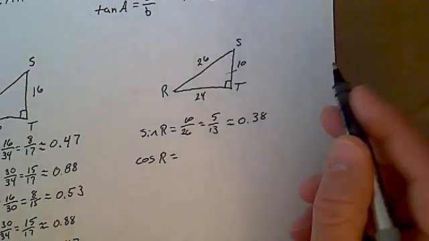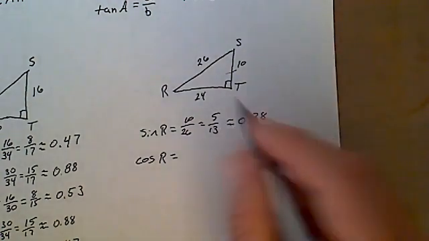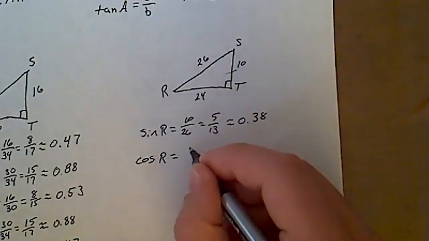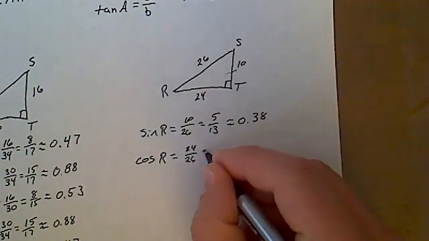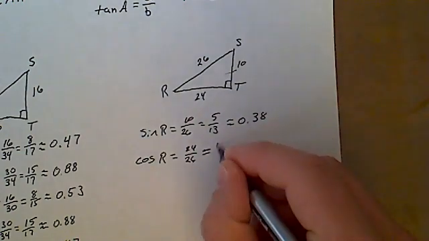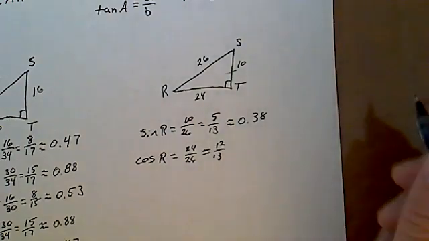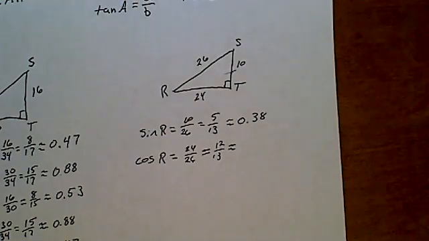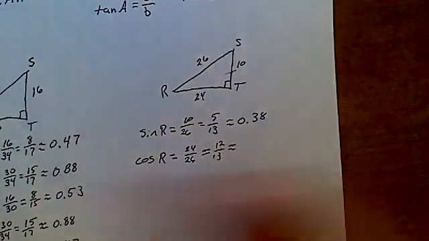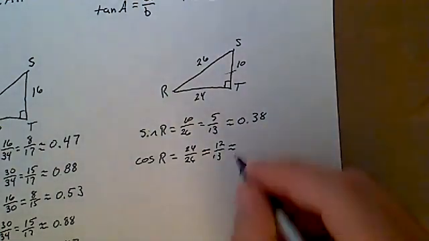The cosine of R is 24 over 26, which is 12/13. 12/13 is about 0.92.